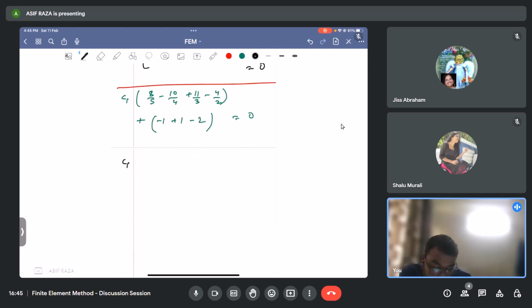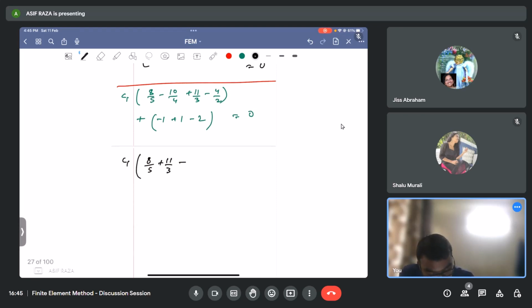So this will be what? c1 times 8 by 5 minus 10 by 4 is 5 by 2, and plus 11 by 3, 10 plus 4, what? 5 by 2, 9 by 2, and this is equal to 1 minus 1, this is minus 2 equal to 0. c1 equal to, 5 3 is 15, to 30.